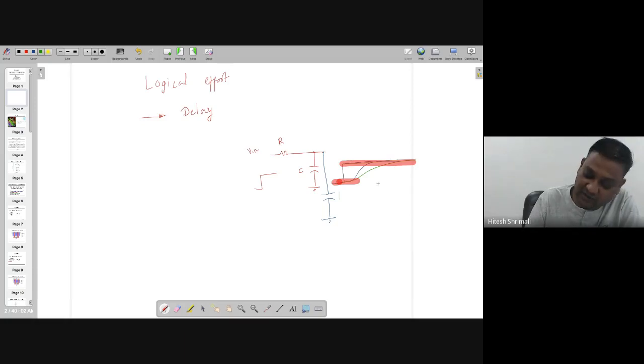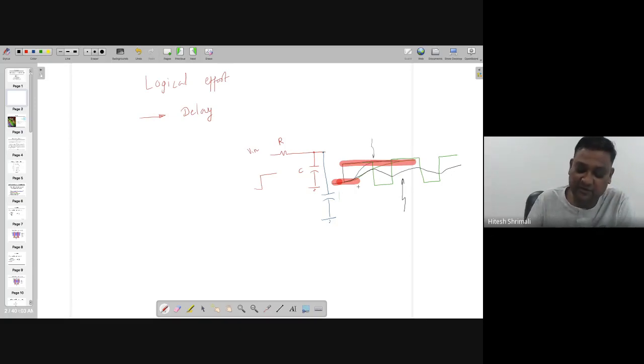So before reaching logic 1, if the input changes like this, then your output may not reach the maximum, but it might be like this. So you cannot define this waveform as logic 1 and 0. So you need to make sure that it reaches logic 1 and logic 0.